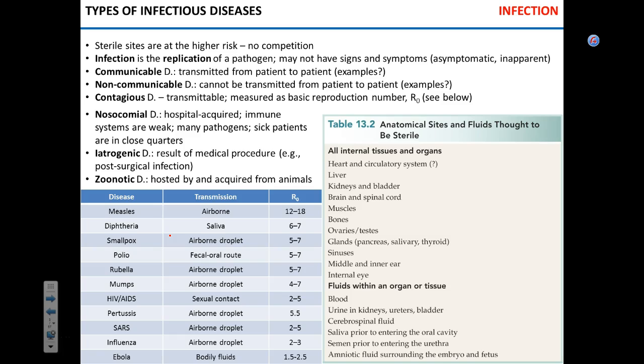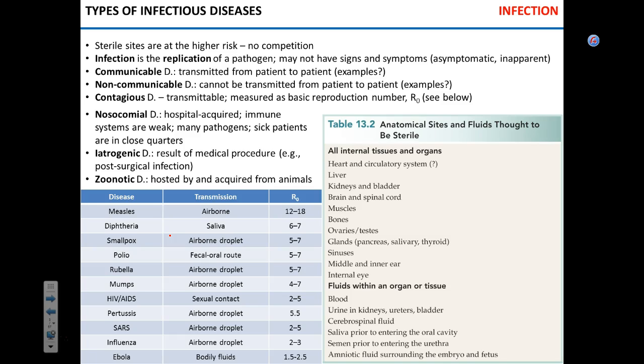What is sterile in the human body? Pretty much the urinary tract, kidneys, urinary bladder, ureters, liver. It's easier to say what is not sterile. Blood, all internal fluids that are contained in the body are sterile.